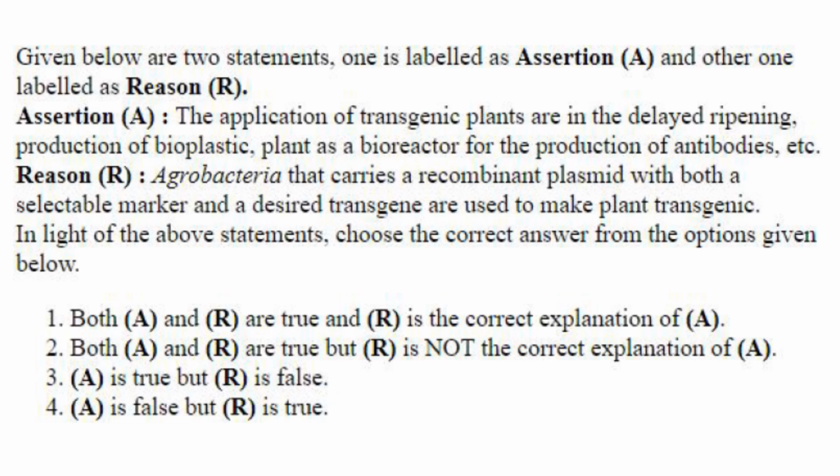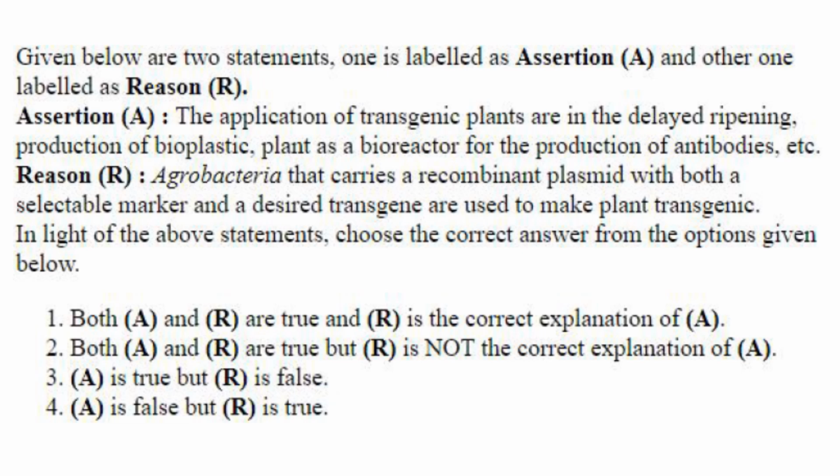Agrobacteria that carry a recombinant plasmid with both a selectable marker and a desired transgene are used to make transgenic plants. That is correct. And that is the reason why you are developing transgenic plants, because agrobacteria is a natural genetic engineer to transform plants.